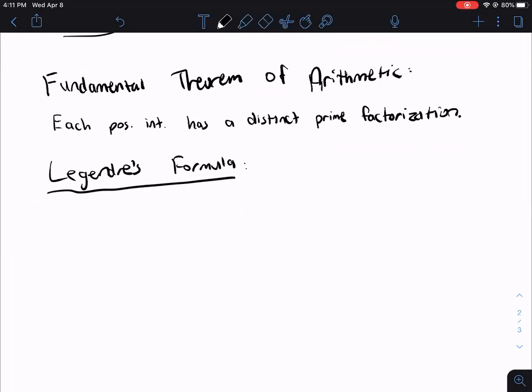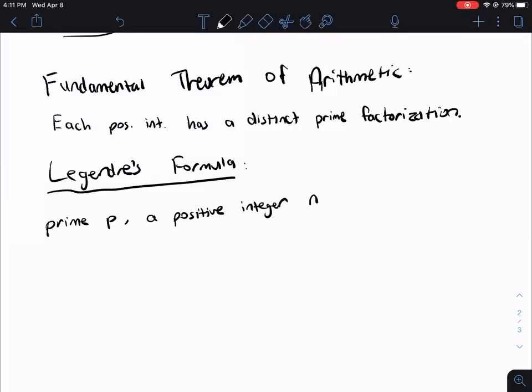But if you search it up, the notation is really confusing and hard to follow. So basically what it does, given a prime p and a positive integer n, is it finds how many powers of p are in n.